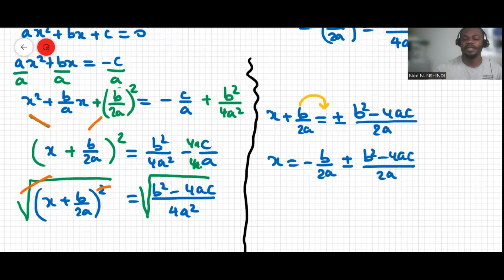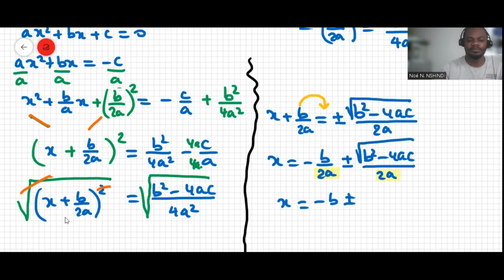Now, the fact that the denominators are common, we can just write minus b plus minus, square root here, sorry. I say we take the square root of the numerator and the denominator. The square root of the denominator will make 2a.